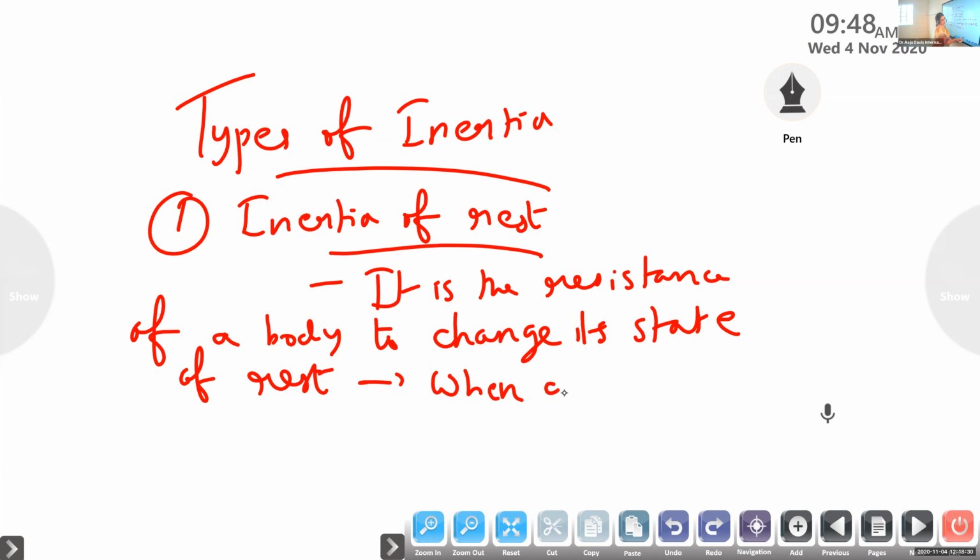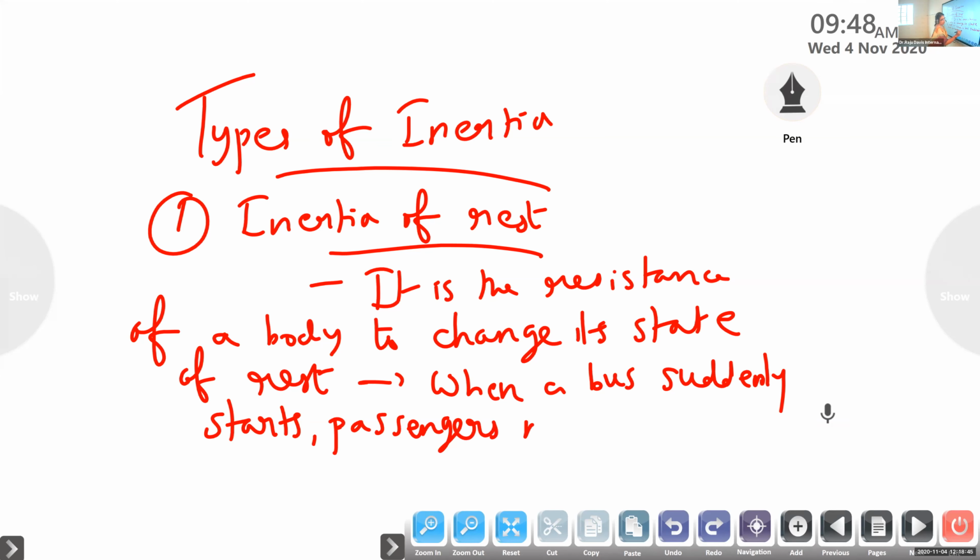Example: when a bus suddenly starts, passengers move backward. In this case, the bus was stopped. Suddenly the driver starts the bus, and the passengers move backward.